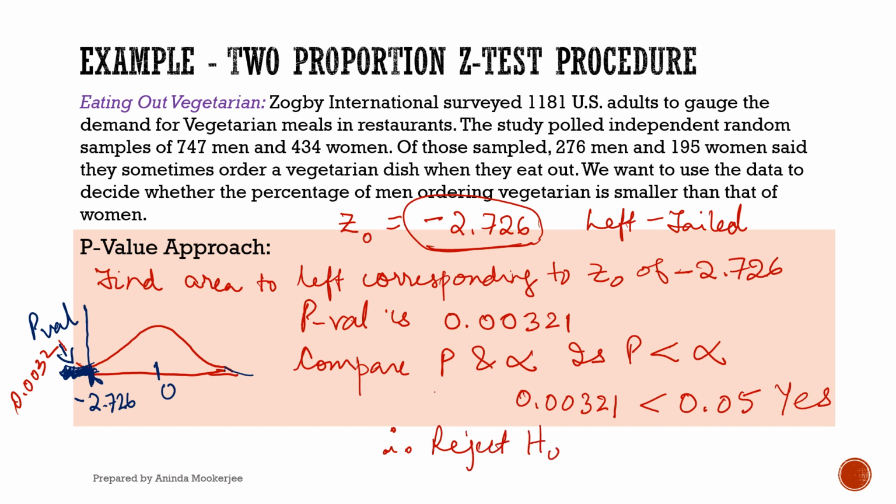And that agrees with what we found using the critical value approach. All right, so now that we have performed the test using both approaches and come to the same decision, we can just go ahead and state our decision and then interpret the test, right?